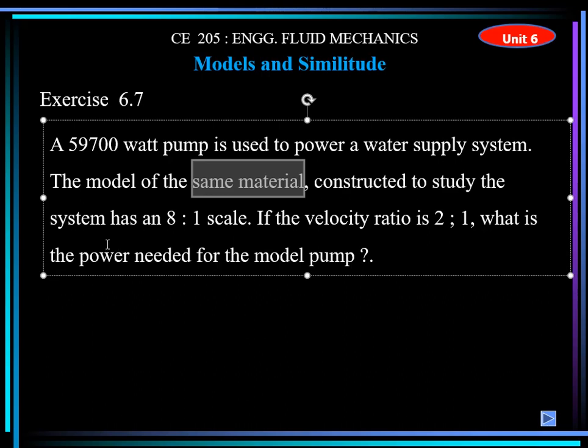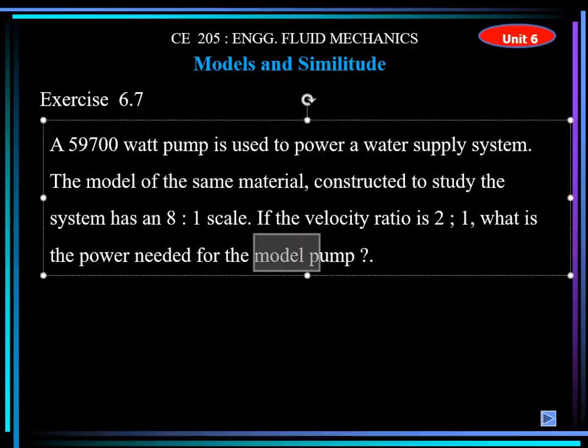It is constructed to study the system which has an 8:1 scale ratio, so this is LR given to us. Now the velocity ratio is also given to us, 2:1, so the VR is given. What is the power needed for the model pump? So the power for the prototype is given to us, and we need to calculate the power for the model. So how can we apply this? Let us see the solution.